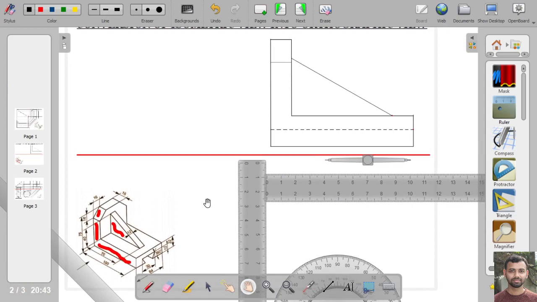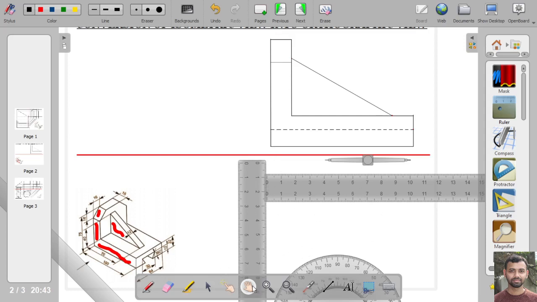Now we have to draw its top view. Okay, now to draw the top view, we will project each of the points on the horizontal plane. This is the horizontal plane.